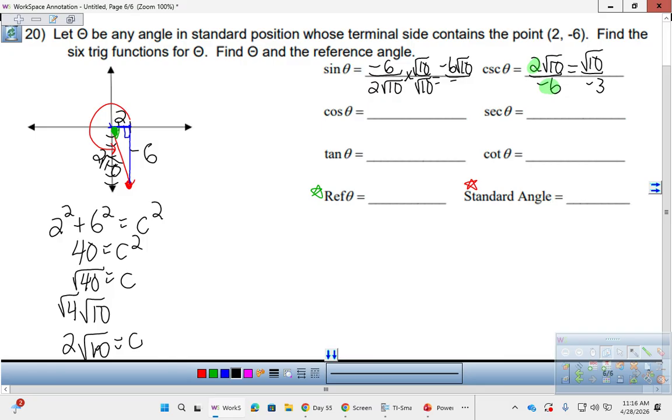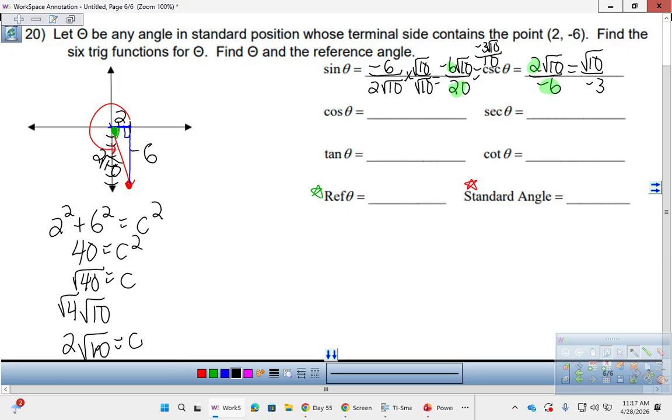So the bottom becomes 20. And I can simplify this. Negative 3 root 10 over 10. You can simplify in the beginning, yep. I think it's still kind of the same number of steps, but yeah, you can do it at the beginning or the end.